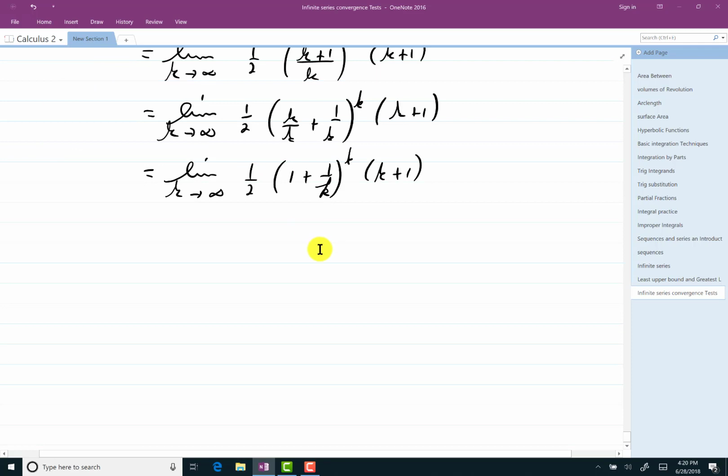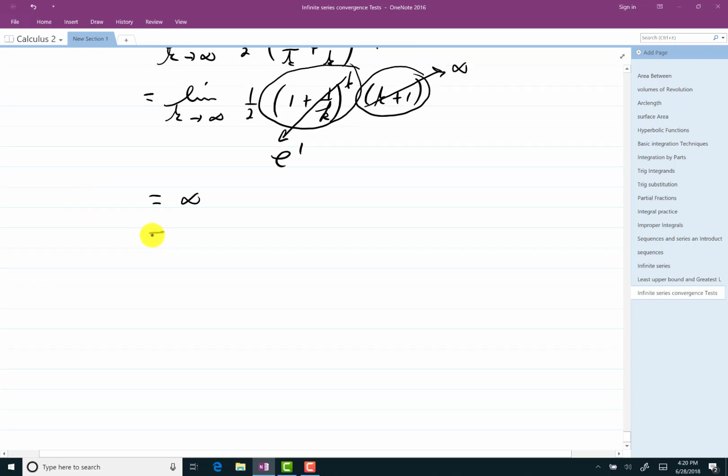Now right here, you ought to know that this piece by now, with all the things we've done, is going to go to e to the 1 power. Of course, the 1/2 really doesn't matter. But this piece here is going to infinity. So if you've got this piece and this piece approaching a number, and this piece going to infinity, the entire limit is infinity. So the series diverges.